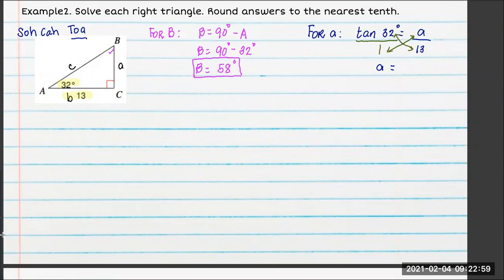So you have 13 tangent 32. Okay? So all that's left is for you to plug this into your calculator. Now, since this is a side, let's round this to the nearest tenth. So what do you get for A?